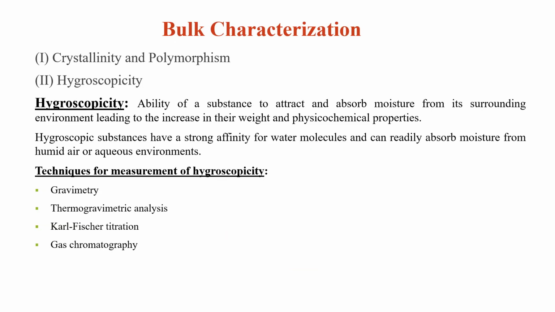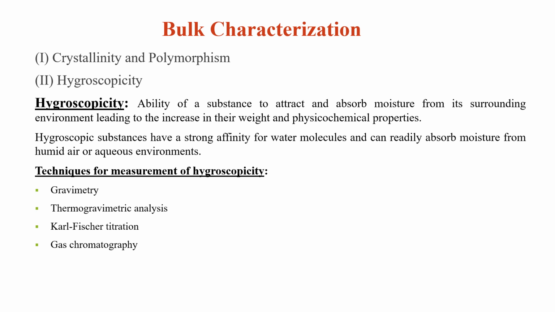So the next topic of bulk characterization is hygroscopicity. What is hygroscopicity? It is the ability of a substance to attract and absorb moisture from its surrounding environment, leading to an increase in weight and changes in physicochemical properties.